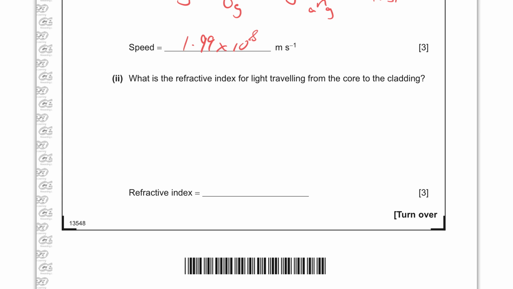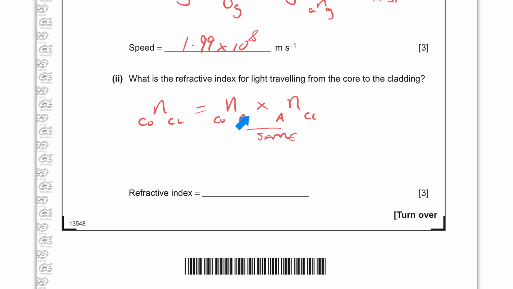So if I start off with thinking about the n from the core to the cladding, I can construct that from an n for the core to air, followed by an n from the air to the cladding. So it's possible to show that if these terms in the middle are the same, then you can combine these into an n from this thing to the thing you end up with.